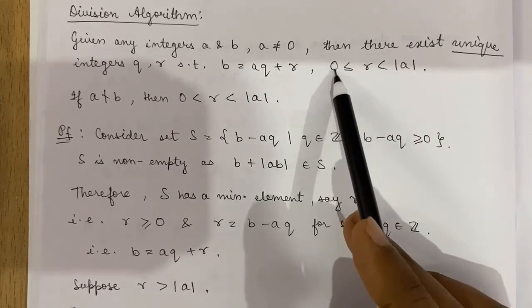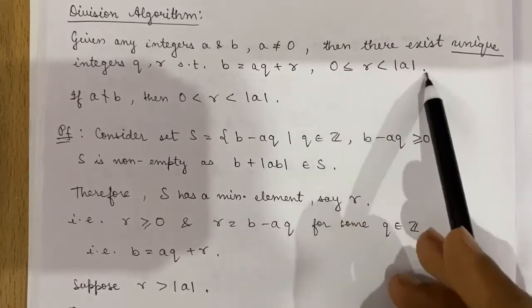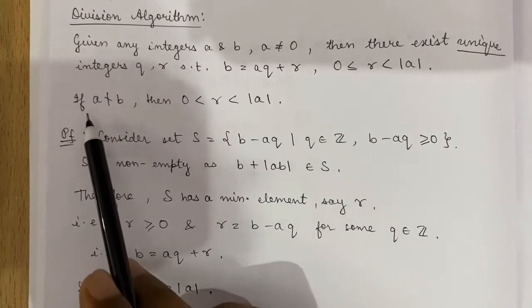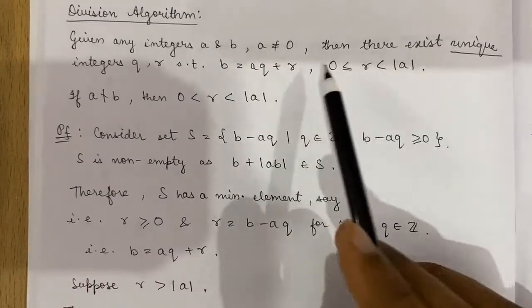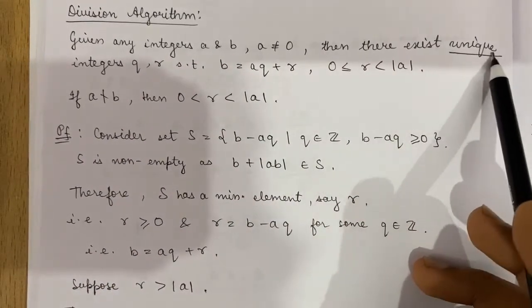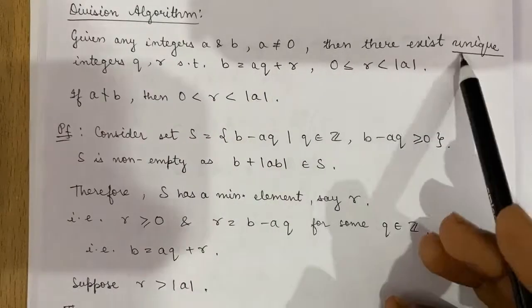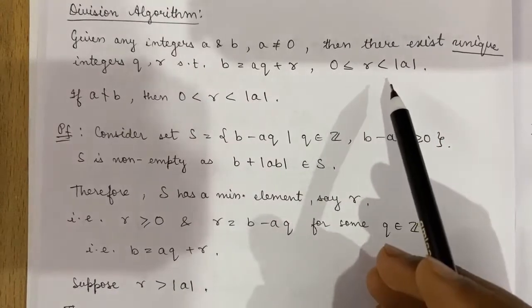So we are always taking the remainder to be positive, so the remainder would lie between 0 and the absolute value of a. And these quotient and remainder are unique. If you divide one number by another, this quotient and remainder would always be unique.